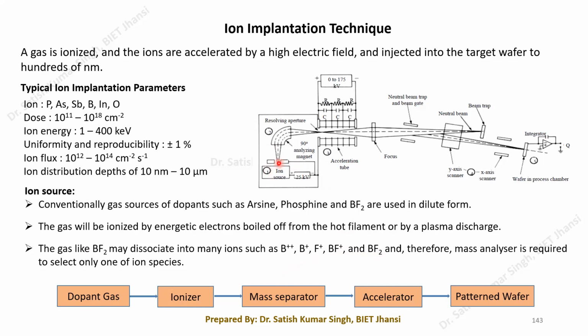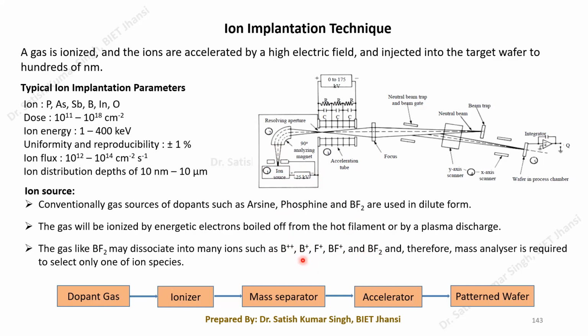Now, once the ions are generated due to the bombardment of high energetic electron beams, they will emerge from this particular slit. After it comes out of this slit, as we know, it will have many ions, like B2+, B+, F+, or BF+.